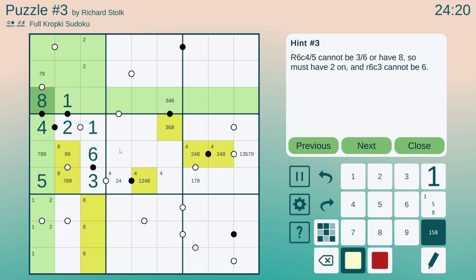Row 6, column 3 cannot be 6. Row 6, column 4 and 5, so that's these two cells. They can't have an 8 in there.